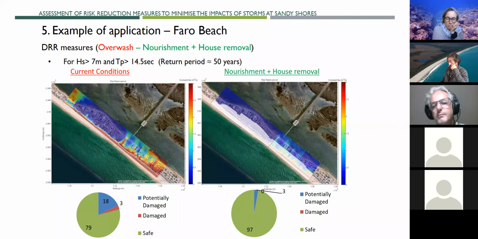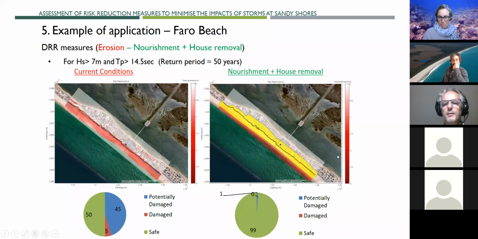If we place together the nourishment and the house removal, which we can also analyze, of course, then we get a measure that is basically 100% effective, both for overwash and for erosion. So we have residual values of risk at the end. But here we have that problem that I told you about at the beginning.